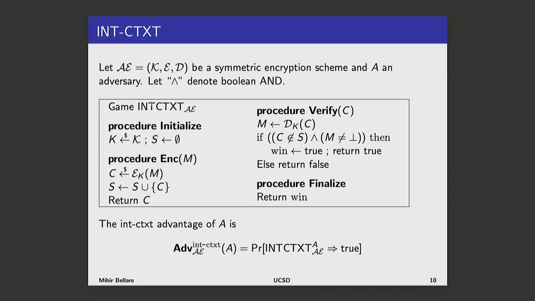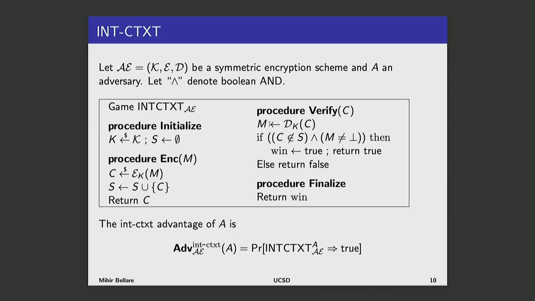Okay, so just for succinctness, I'll let this denote the AND of Boolean statements. Okay, so here's the game. We fixed our scheme. We called it AE with its 3 algorithms. As usual, initialize will pick a random key by running this algorithm and just keep it and freeze it in the game. It's not directly given to the adversary. The next thing we look at is, how would an adversary win? Well, it has to call this procedure or oracle with some ciphertext of its choice. Now, the verify game procedure will decrypt that ciphertext using this key.